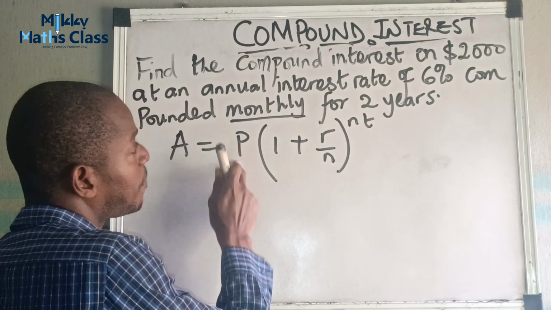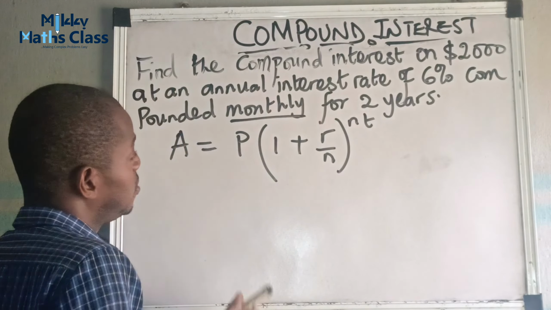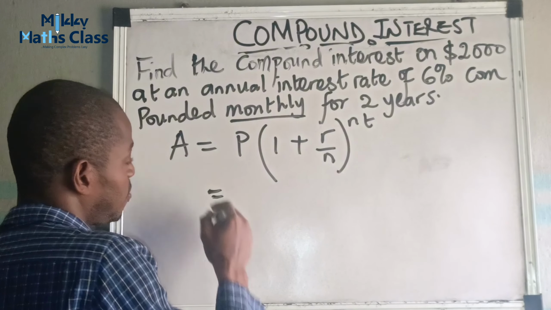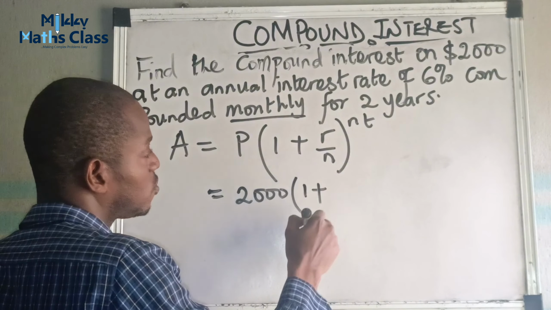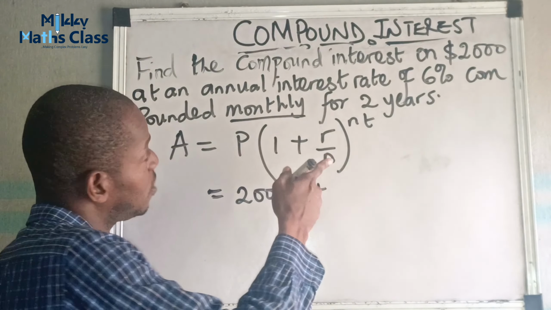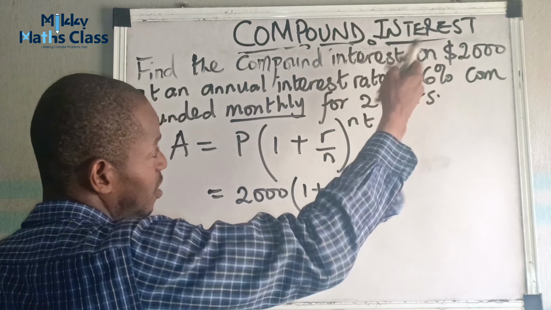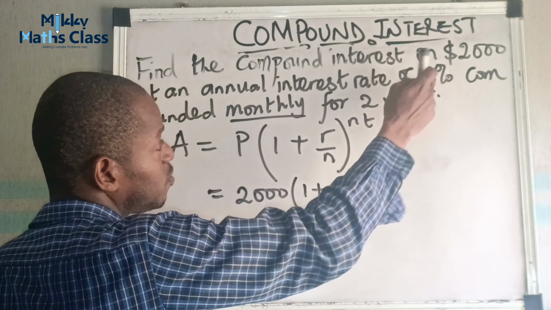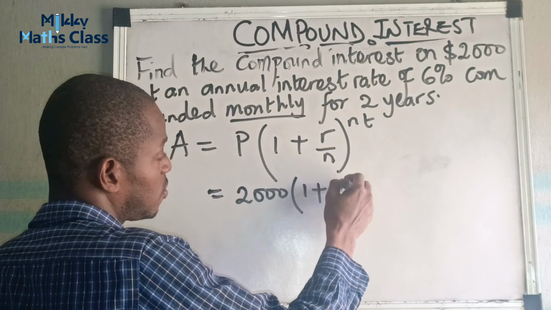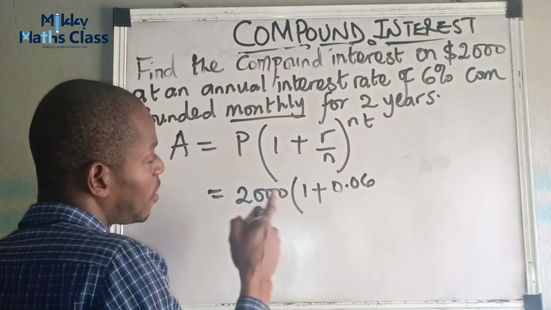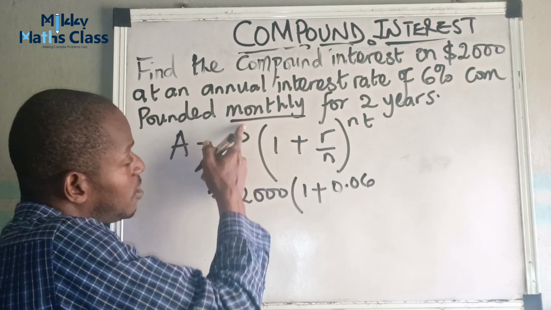Now from here, our principal, which is the original amount, is 2,000 naira. That's 2,000 into bracket 1 plus our R is the rate at which the compound interest will be generated, which is 6%. 6% is 0.06 over, now take note, over our N, because this is monthly.